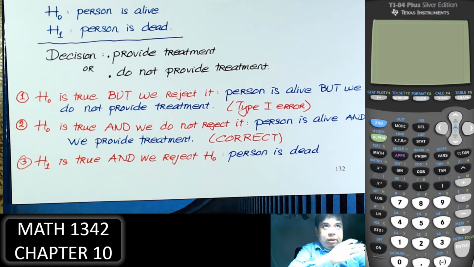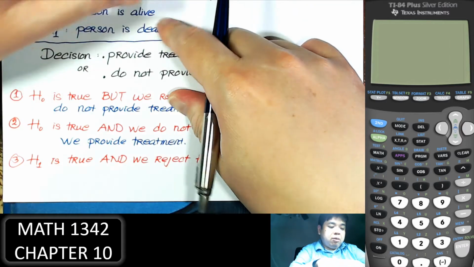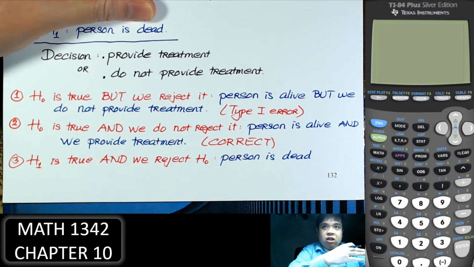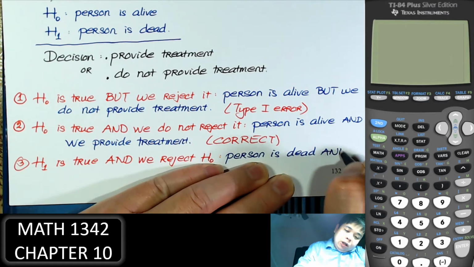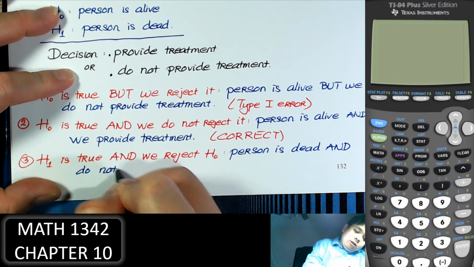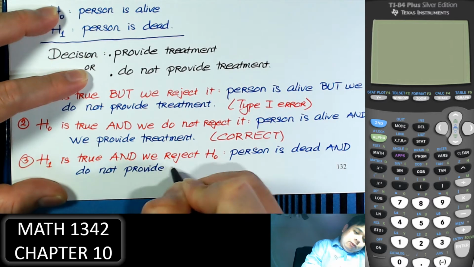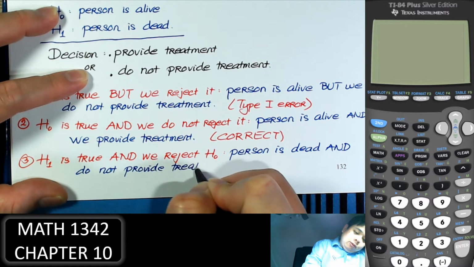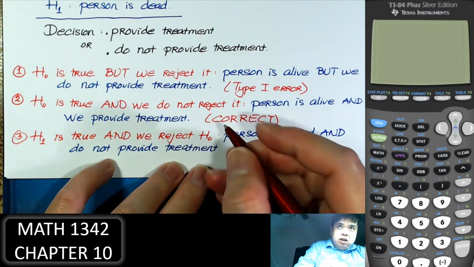And then we, as a paramedic, say that we reject the null hypothesis. That means we reject the fact that the person is alive, so we do not provide treatment. In that case, this is a correct decision.